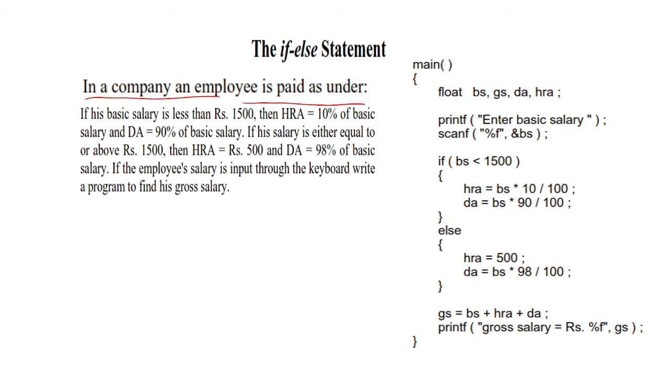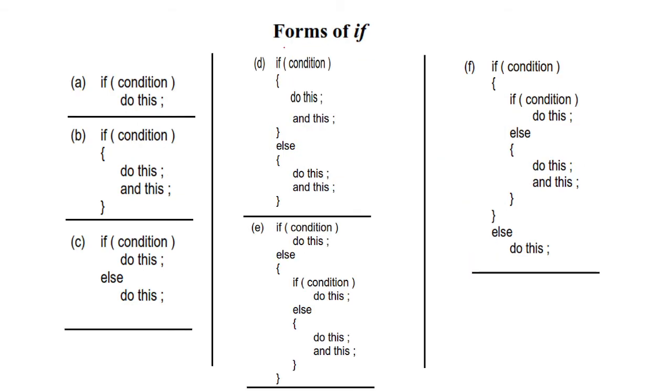So next is forms of if. How can we write the if statements? First, if there is only one statement to be executed, then there is no need of these braces, as in this second case. Here we have two statements, so we have to use these braces, and it is called the if block.